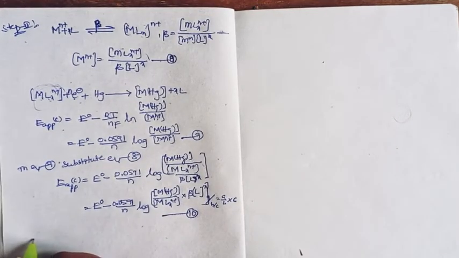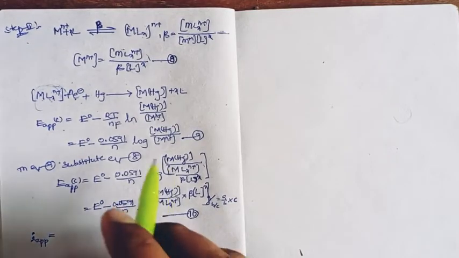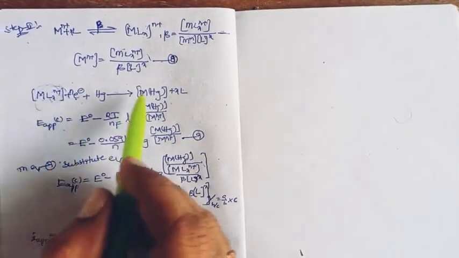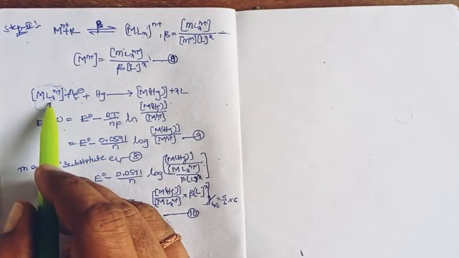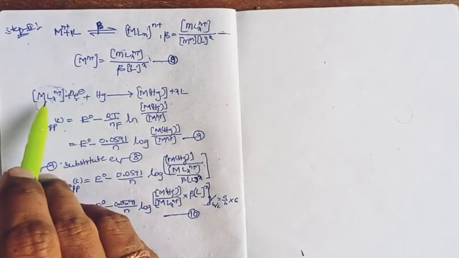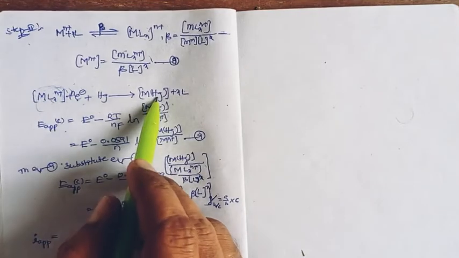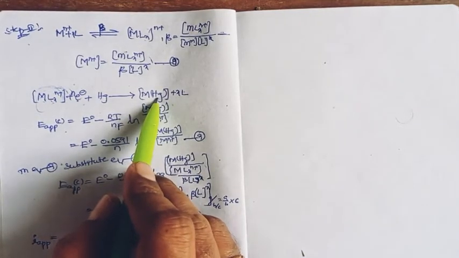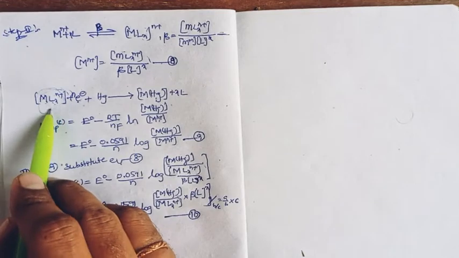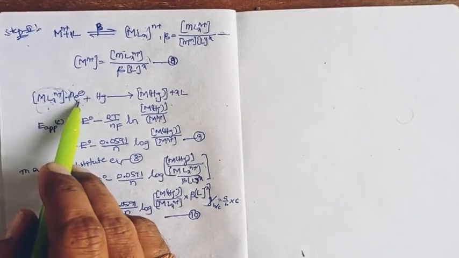Here, when we go for the applied current, we consider the reduction of complex. How much current we apply determines how effectively the complex gets reduced and the amalgam forms. So the change from the initial concentration in metal complex concentration will be proportional to the applied current.